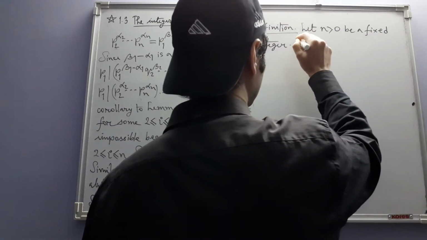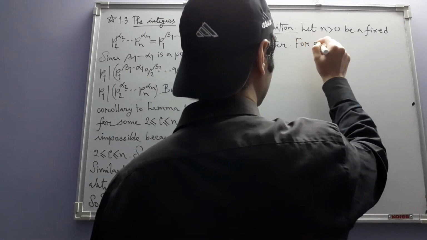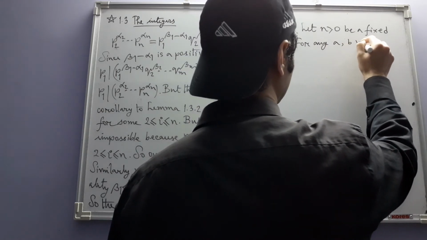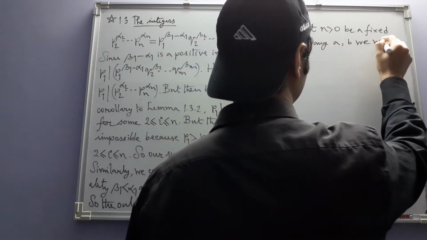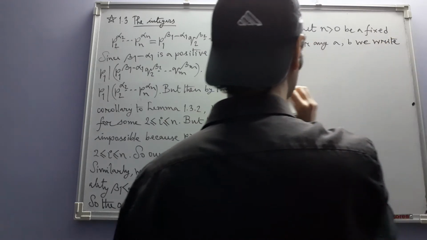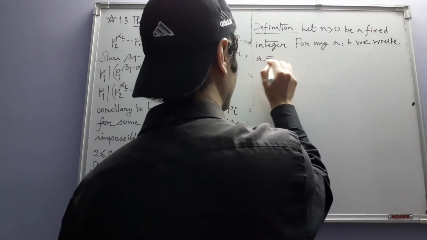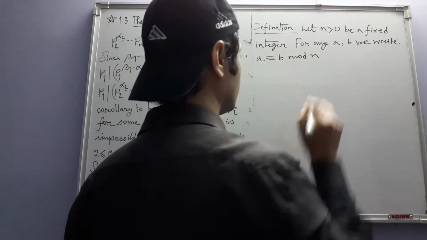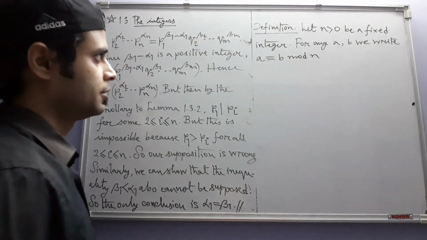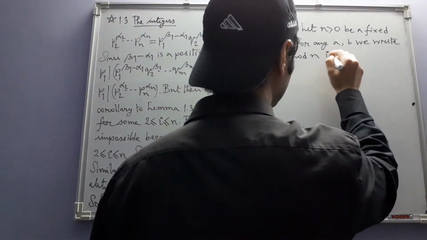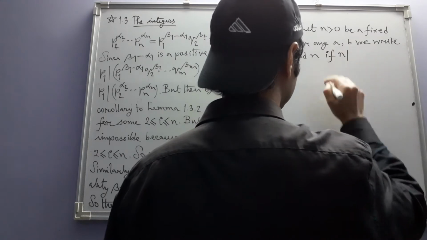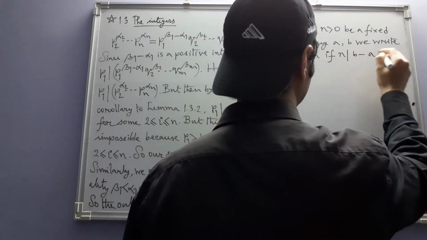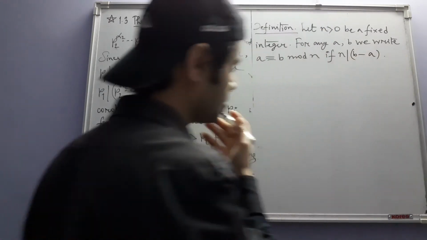For any integers a and b, we write this symbol if n divides b minus a or a minus b, it just means it ultimately leads to the same relation.